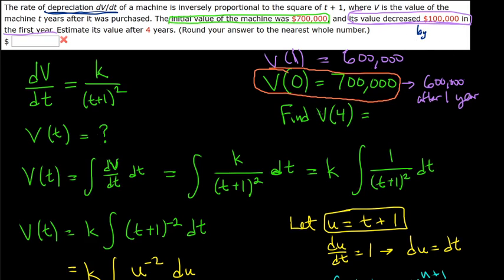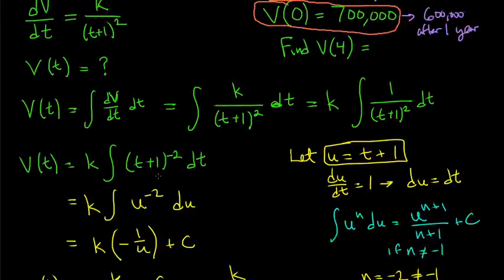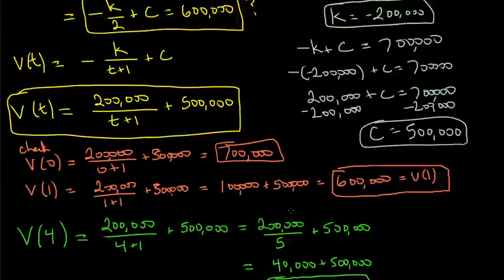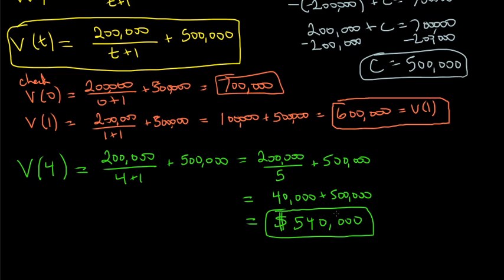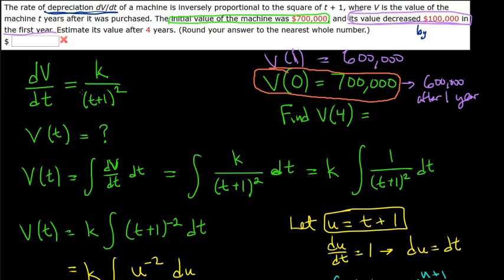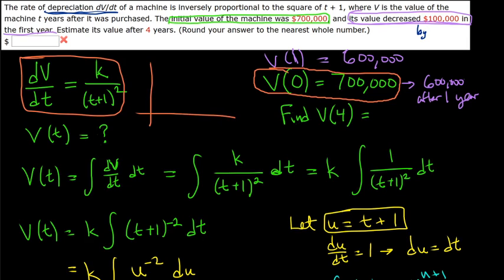If that were the case, after 4 years it would decrease by 400,000, which would mean from 700 minus 400, it would only be worth $300,000. So this is not a linear depreciation. Its value doesn't go down in a straight line. If you were to graph this function, the graph would look something like this. It's decreasing quickly at first, but then it decreases more and more slowly over time.